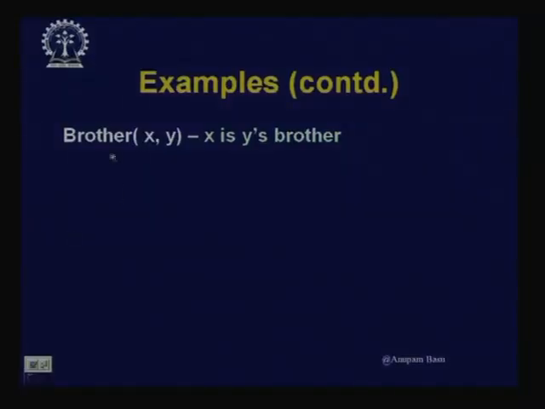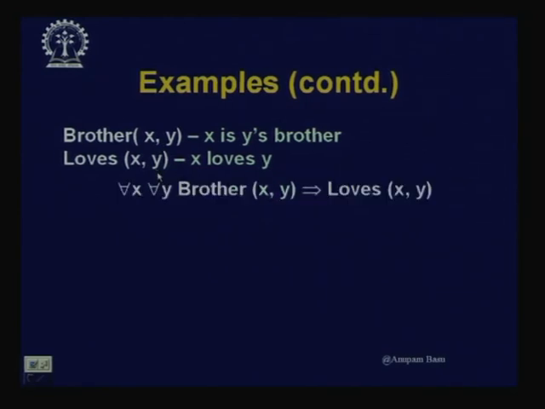Say when I write brother x y, that means that x is the brother of y. Okay. Now, when I write loves x y, that means x loves y. These two are predicates, both binary predicates, and these two are also sentences. Now, I want to make a more expressive statement.